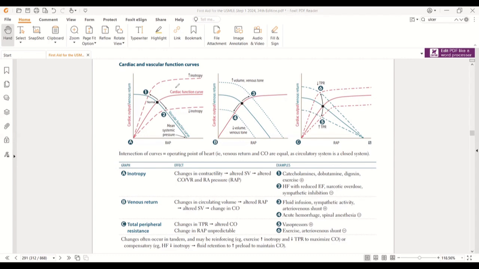So this one is the cardiac function curve, and this is the vascular function curve. On the x-axis we have right atrial pressure. On the y-axis we have cardiac output and venous return, right?